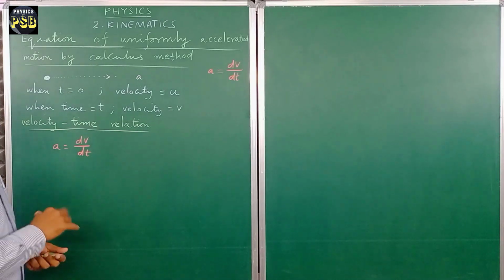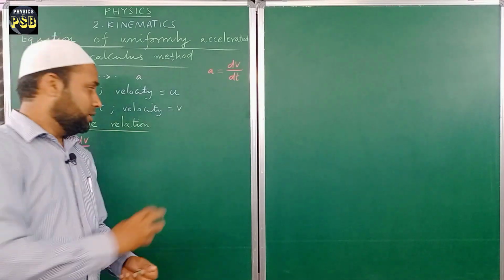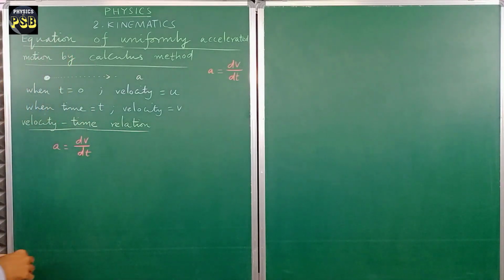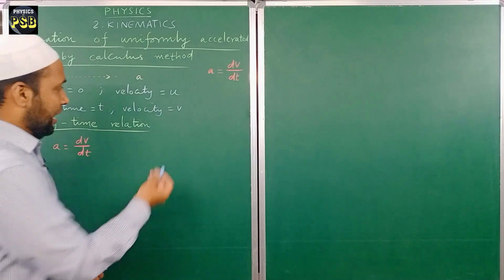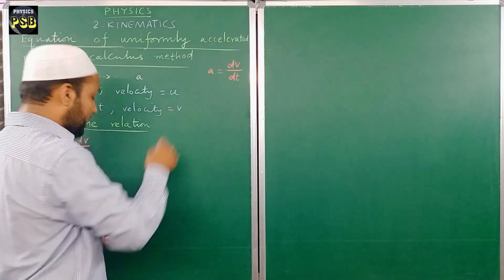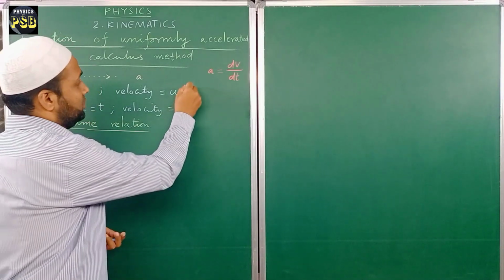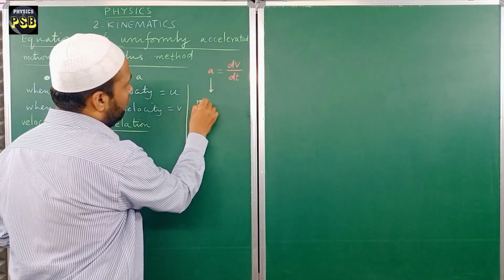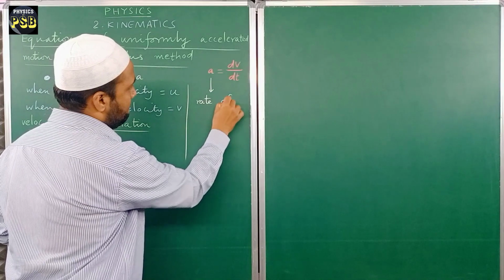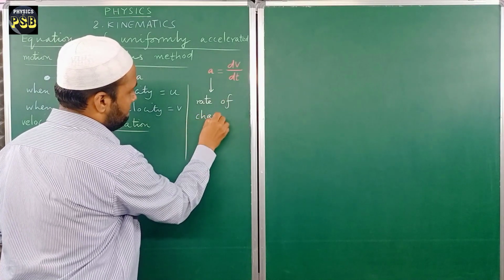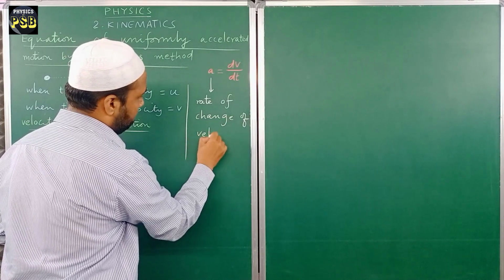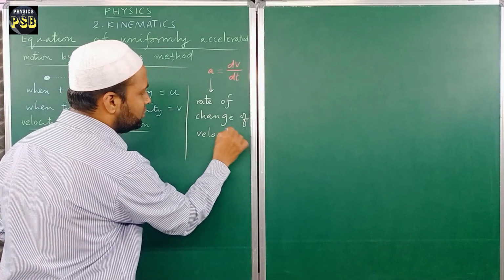Before going ahead, there are certain things I want to explain in this equation. I told you acceleration is nothing but the rate of change of velocity. What is this rate of change of velocity?